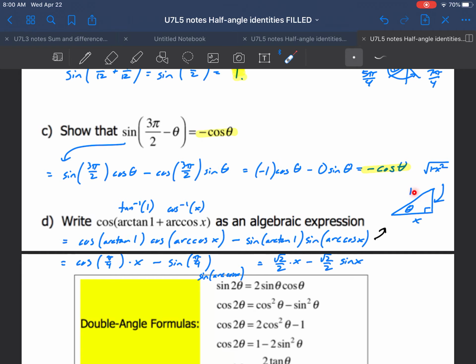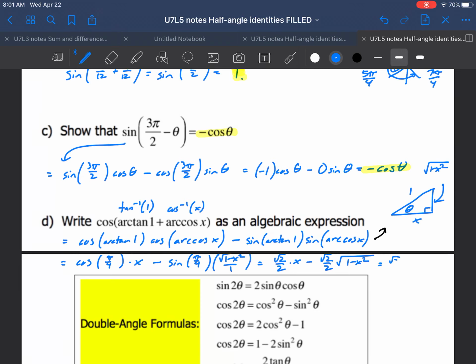Okay, so this whole thing, I know it's a little bit confusing, but that turns into this: square root of 1 minus x squared all over 1. So I'm going to write that, this over this, down here. And then that'll save me a little bit of space too. So this is square root of 1 minus x squared over 1. And then we know anything over 1 is just itself, so then I can write that a little bit cleaner. This is the square root of 1 minus x squared.